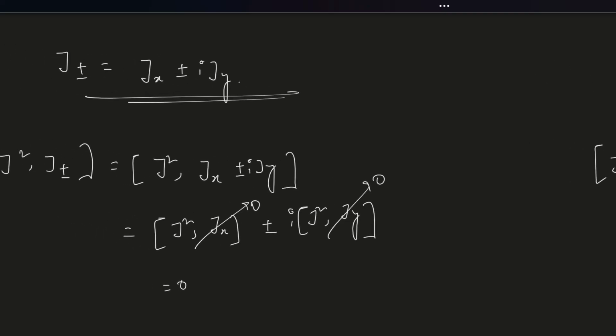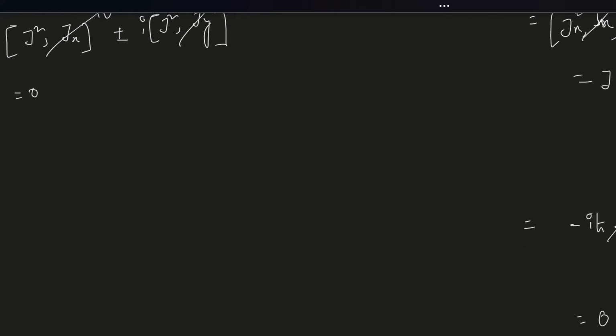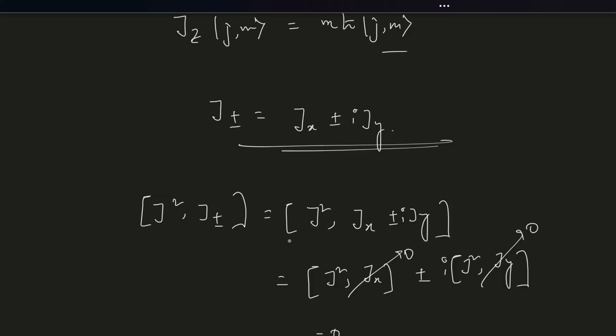So that is how you end up at J square Jx equal to 0, and by a similar thing, you can derive it yourself that J square Jy is also equal to 0. So here this J square commutes with Jx and Jy.